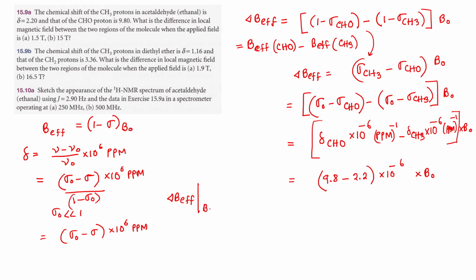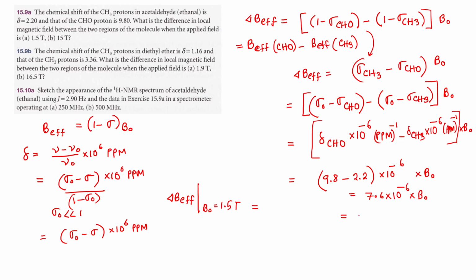So this delta B effective for B0 of 1.5 Tesla is, so this is 9.8 minus 2.6, 7.6 into 10 to the power minus 6 into B0. So 1.5 would be, let me calculate quickly, 7.6 into 10 to the power minus 6 multiplied by 1.5 Tesla.